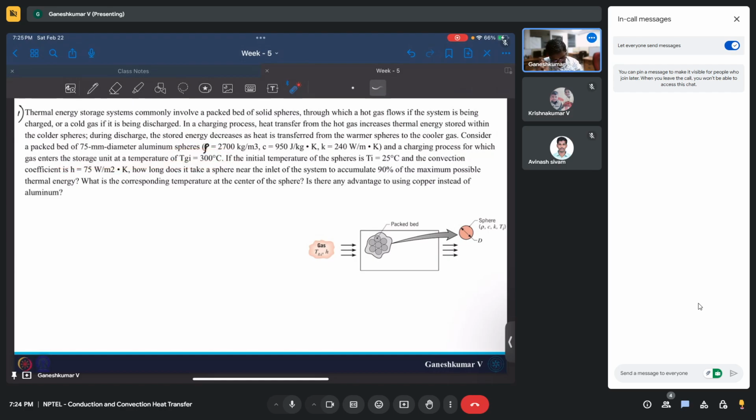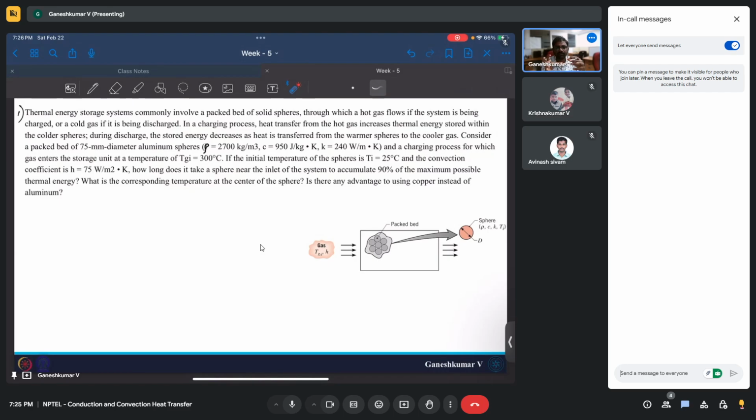If the initial temperature of the sphere is 25 degrees Celsius and the convective coefficient is h, how long does it take a sphere near the inlet of the system to accumulate 90% of the maximum possible thermal energy? This is what they are asking. And what is the corresponding temperature at the center of the sphere?